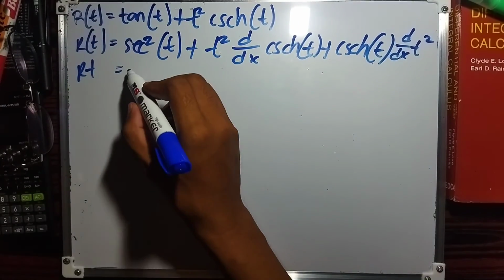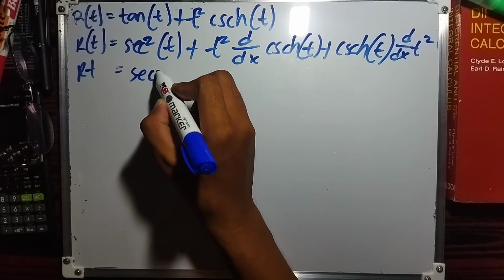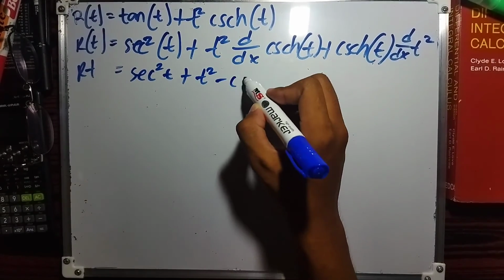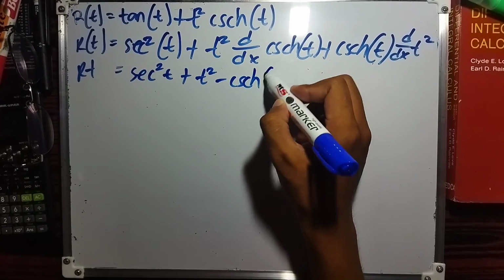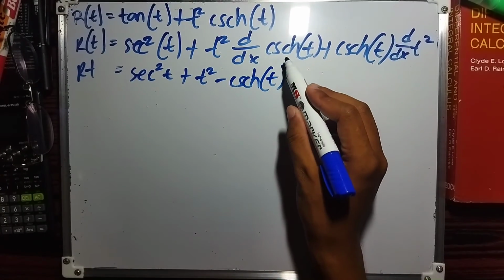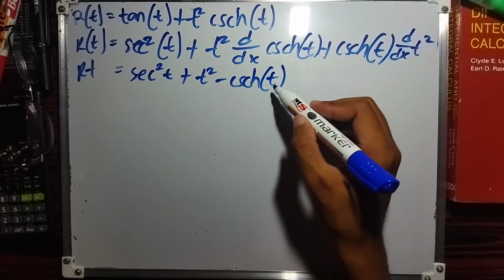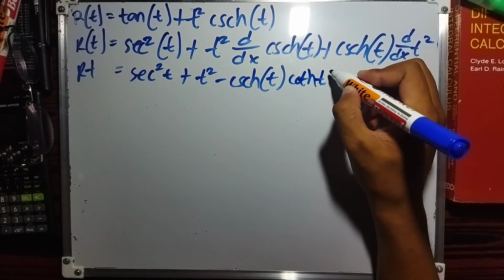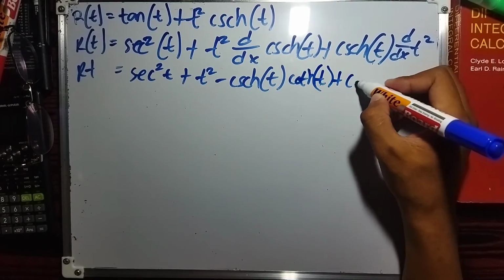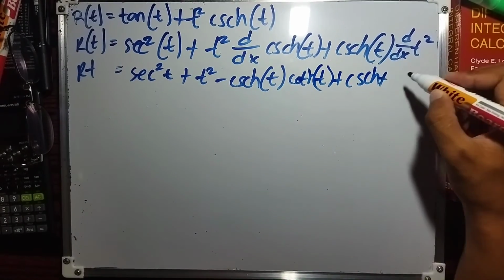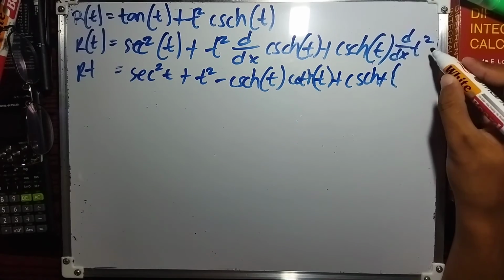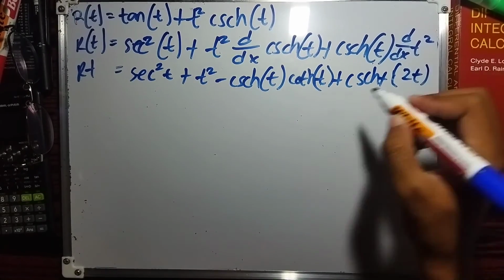So it would become secant squared t plus t squared times the derivative of csch t, which is negative csch t coth t, plus csch t times the derivative of t squared, which is 2t.